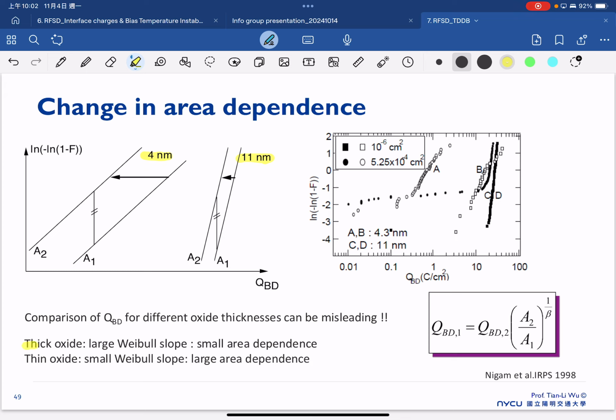If we have a thick oxide, we always have a large Weibull slope and smaller area dependency. That's good, because we always want a large Weibull slope. A large slope means a very tight distribution, a good uniformity. But the ones with a thin dielectric always face the issue of a small Weibull slope and also a large area dependency, which is not good.